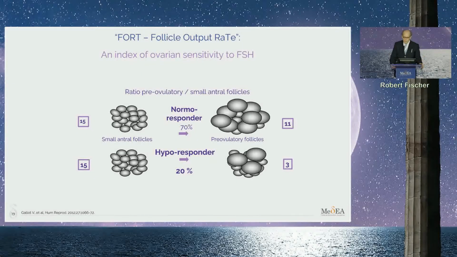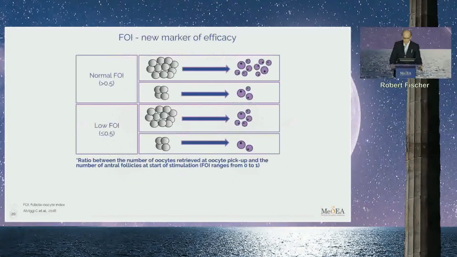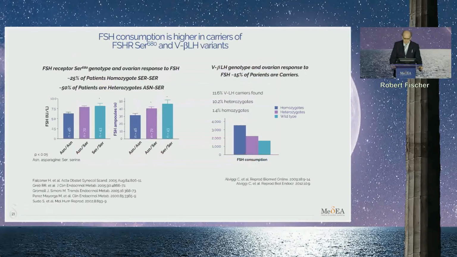The FORT, the follicle output rate, having a low or a high number of embryos after the same stimulation with the same ovarian reserve, dividing the patients into either normal responders or hypo-responders. And we can use the new criteria that the Poseidon group suggested, the FOI, the follicular oocyte index, where the cutoff point will be 50% of mature oocytes from the same amount of antral follicle count that you start with.